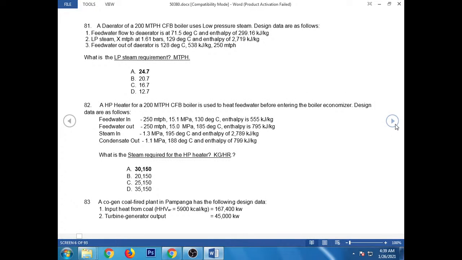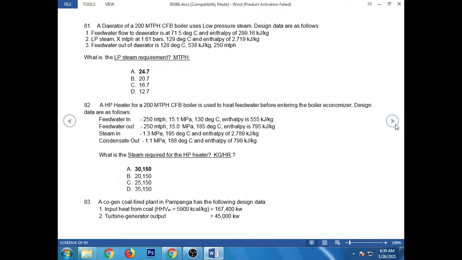A deaerator of a 200 MTPH CFB boiler uses low pressure steam. Design data are as follows. 1. Feed water flow to deaerator is at 71.5 degrees Celsius and enthalpy of 299.16 kilojoule per kilogram.